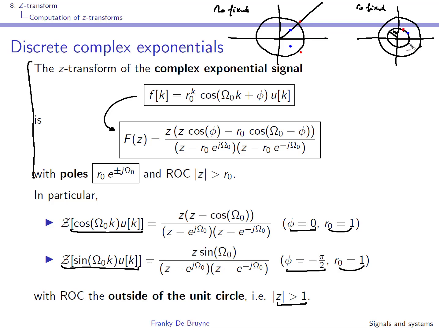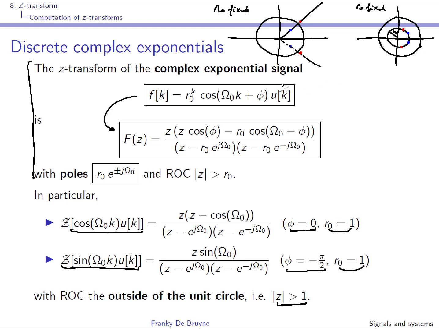Of course you'll have the complex conjugate over here, and you'll have the complex conjugate over here. Okay, so by looking at these here, it's not drawn very well, it should be on this line over here. So by looking at the pole locations, you can kind of imagine what will happen if you look at this signal over here.